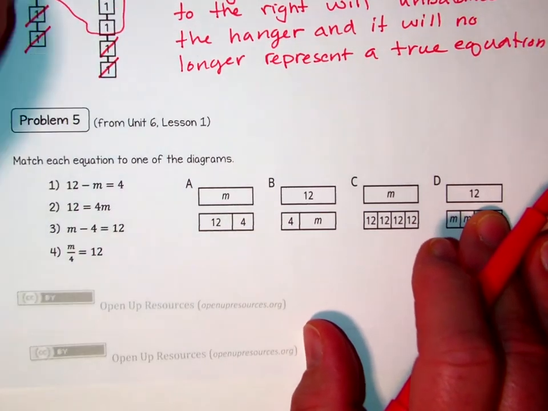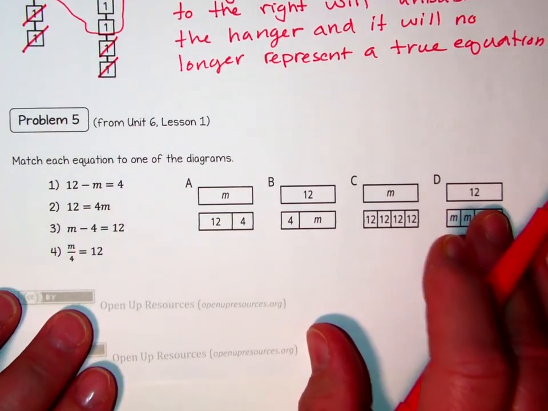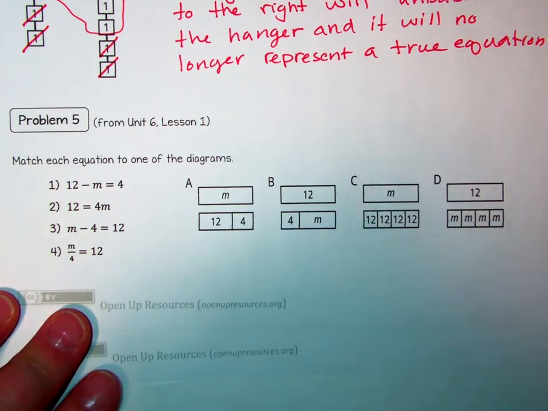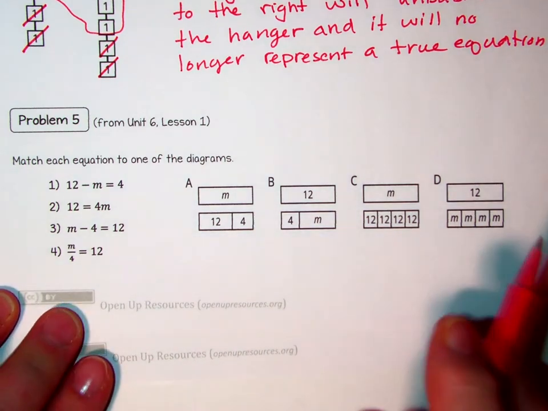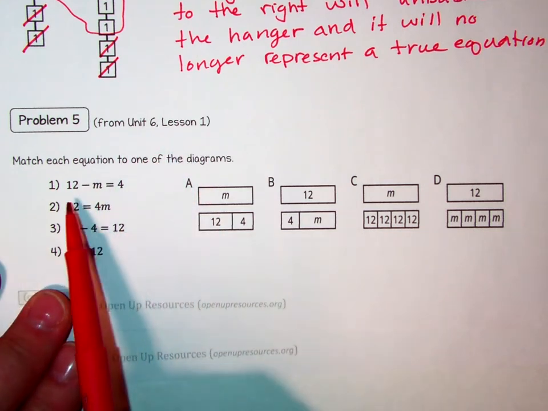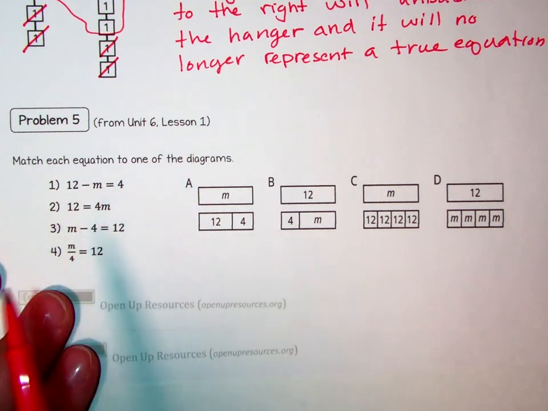All right. Moving right along, problem 5. Match each equation to one of the diagrams. Ooh, we have kind of a tape diagram here for each of these. 12 minus m equals 4.